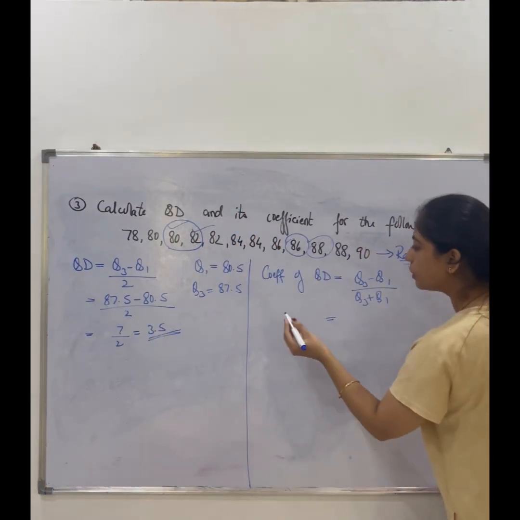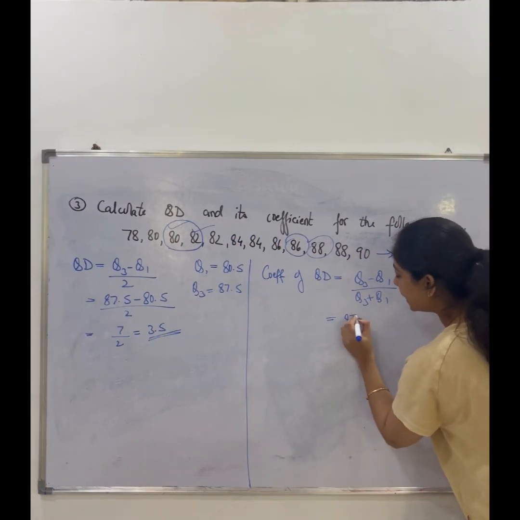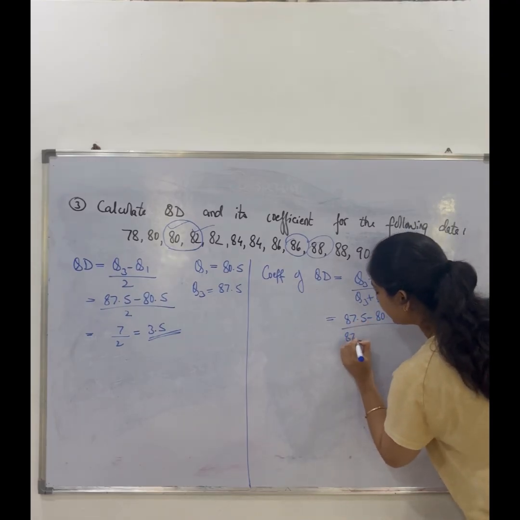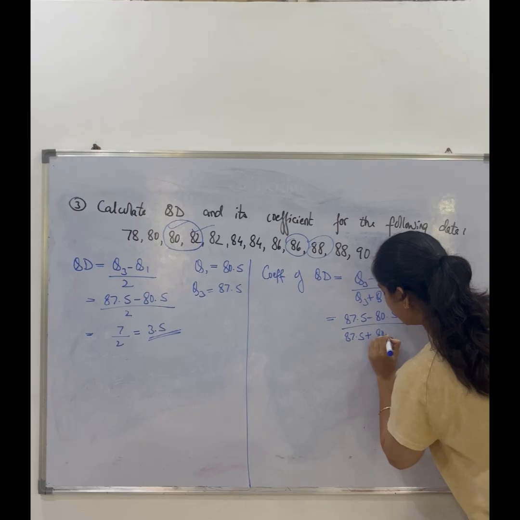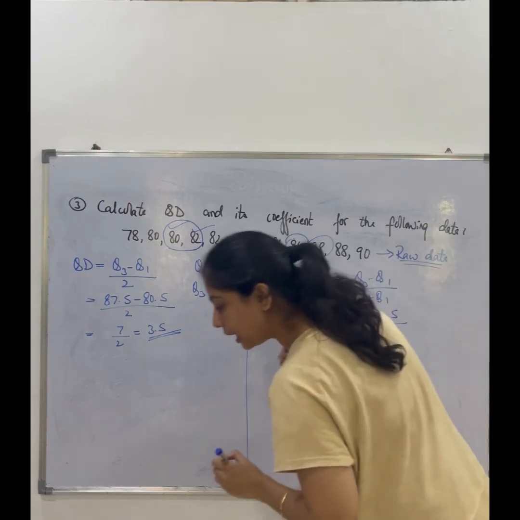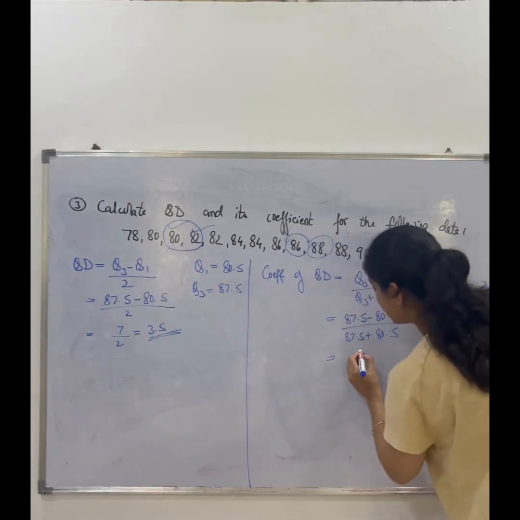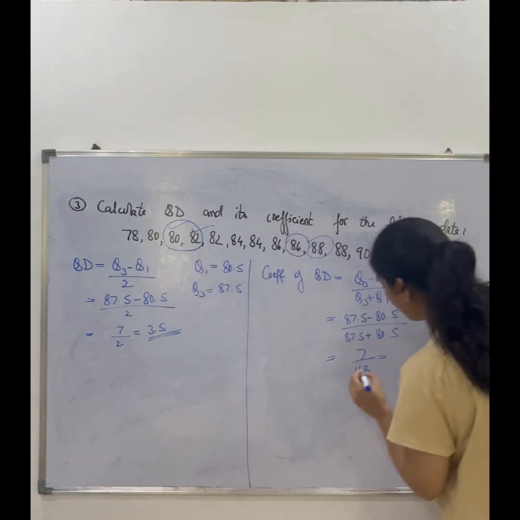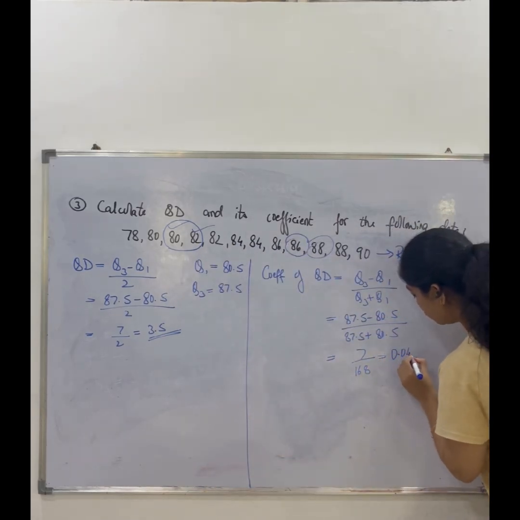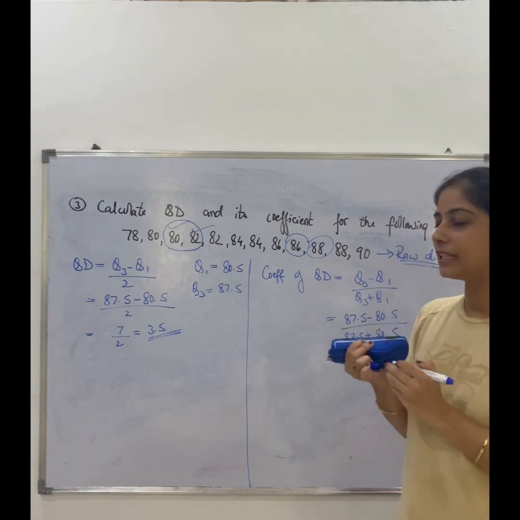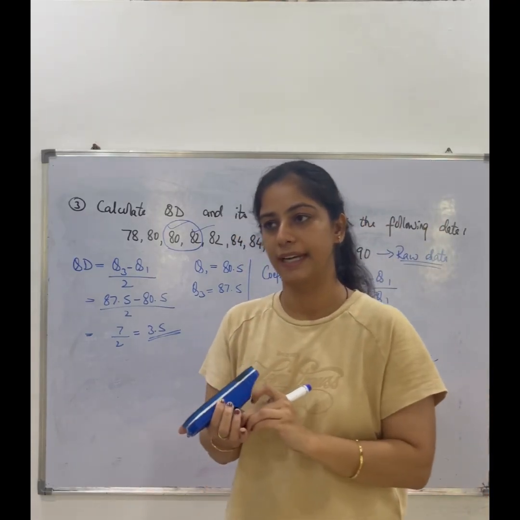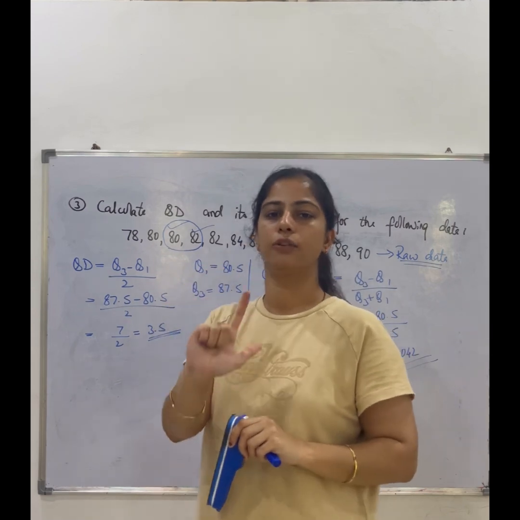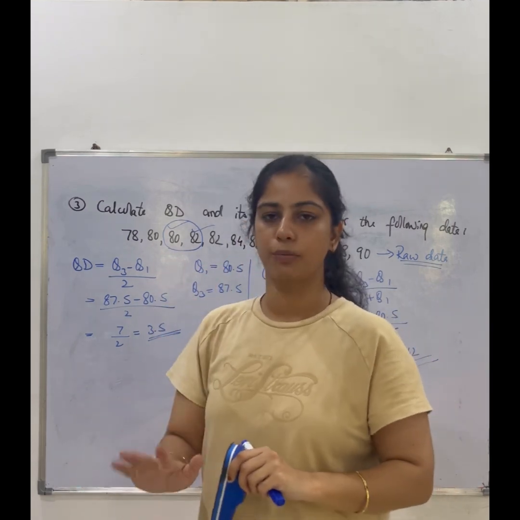Okay, now the values are 87.5 minus 80.5 divided by 87.5 plus 80.5. So the answer for this is 7 upon 168, which is equal to 0.042. So these are the answers which you will get when you have to find the value of Q1, the value of Q3, and then substitute back in the formula.